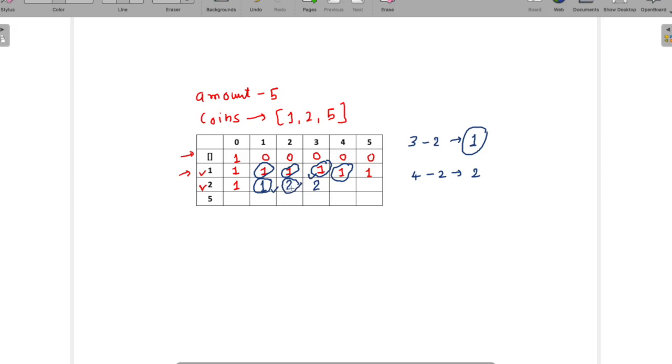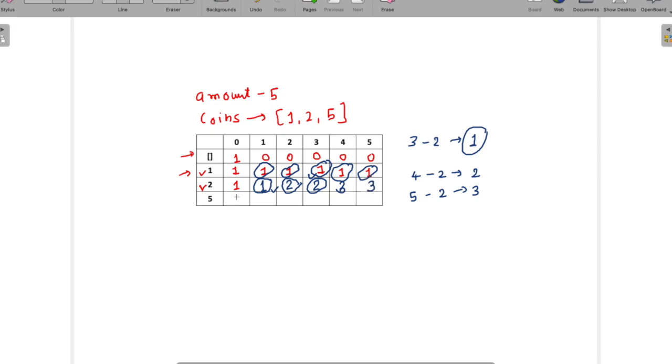So 1 plus 2 is going to be 3. And same goes over here. Here also 5 minus 2, sorry, that is going to be 3. Let's go back to the 3. We know already 2 possible solutions from here and 1 from here, so total is going to be 3.